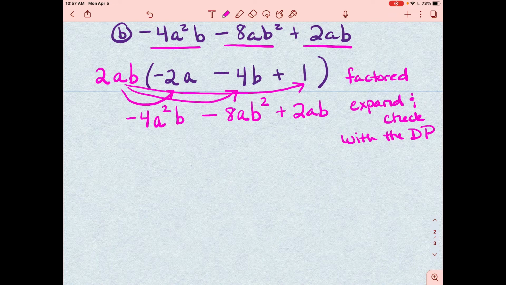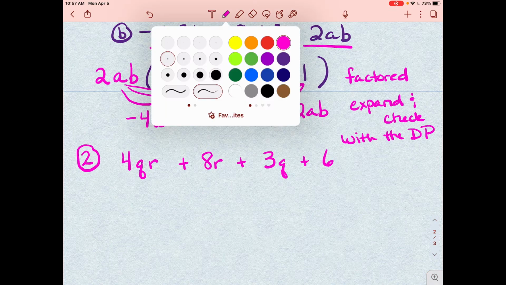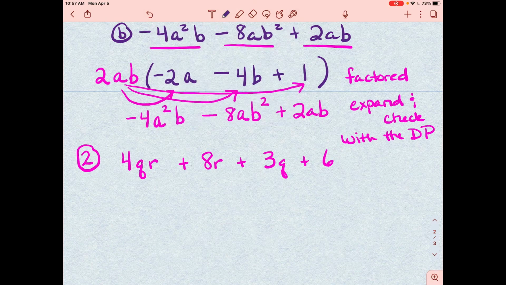All right, so let's move on to some more factoring. This is example 2, and sometimes we have something that's interesting. We have something like this, 4qr plus 8r plus 3q plus 6. If I ask you what can each of these friends, looking at this one, this one, this one, and this one, what can they all contribute that's fair and equal?